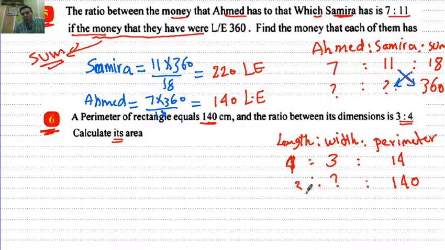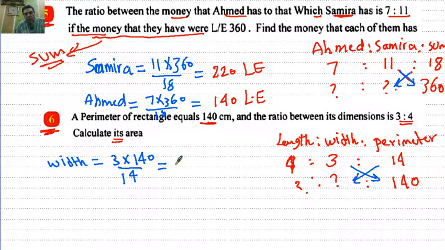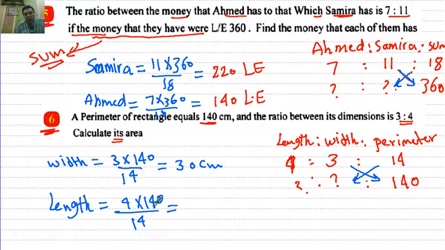Then we use cross multiplication. Width equals 3 times 140 over 14, which equals 30 centimeters. Length equals 4 times 140 divided by 14, which equals 40 centimeters.